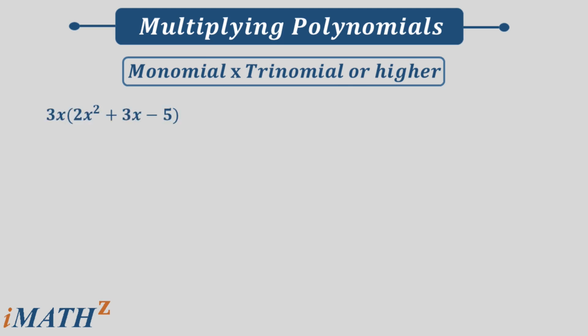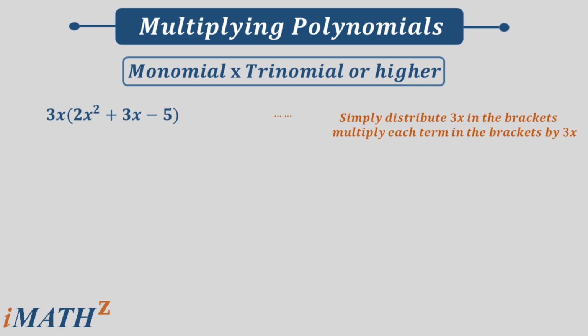So if we have 3x times, in brackets, x squared plus 3x minus 5, we need to multiply all the terms in the brackets by 3x. The first term then becomes 3x times x squared. The second term then becomes 3x times 3x. The last term then becomes 3x times 5.